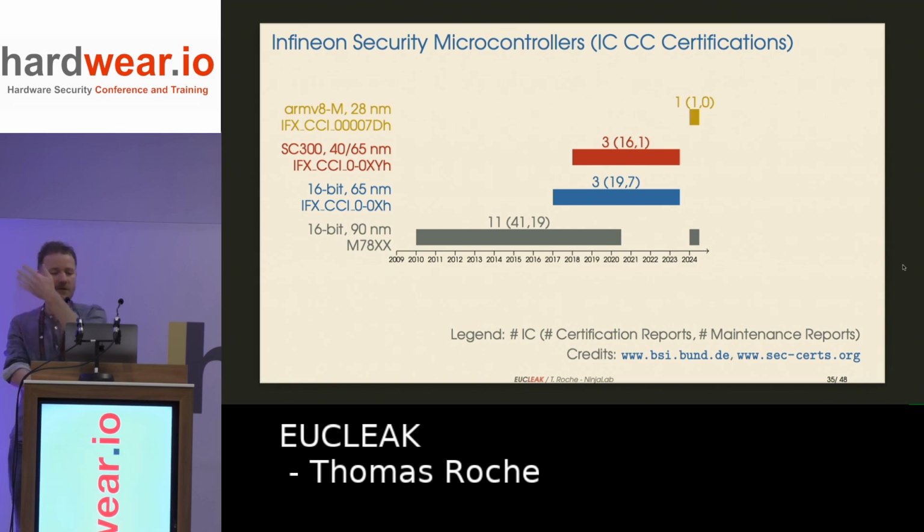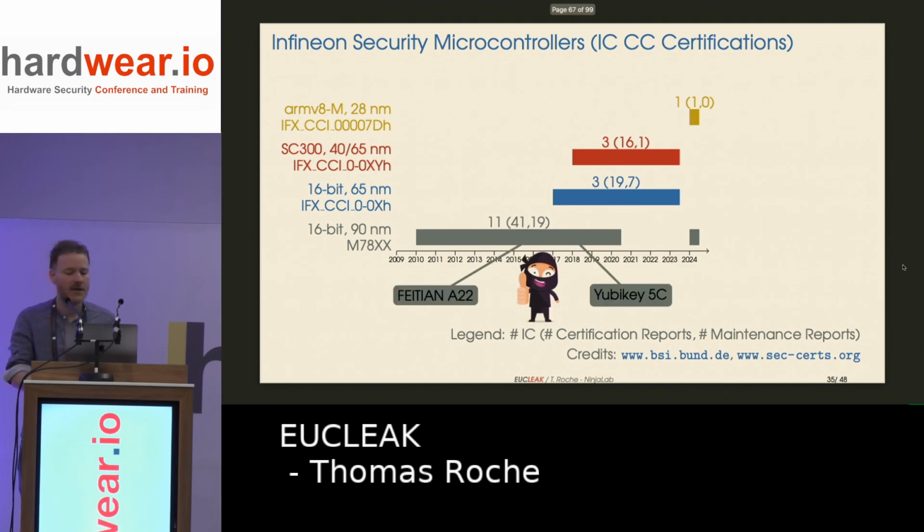We built a picture: there are in fact 4 big families of them, from the oldest to the most recent, and the 2 products that we attacked here are from the old family, the 90 nanometer family. This is the SLE78 family, actually.